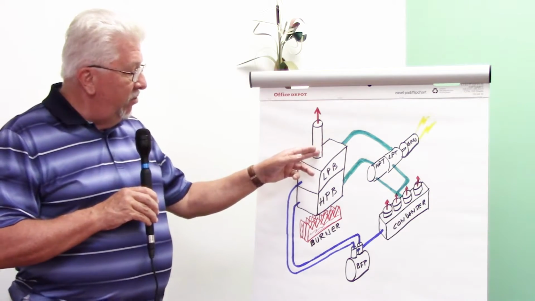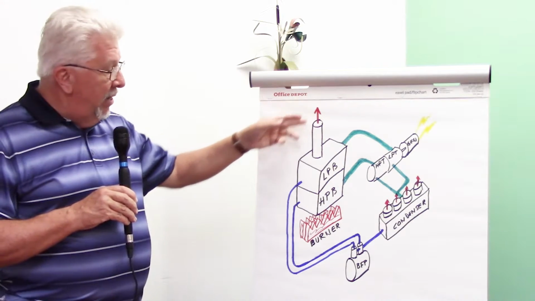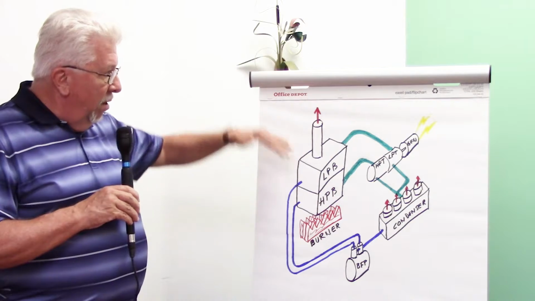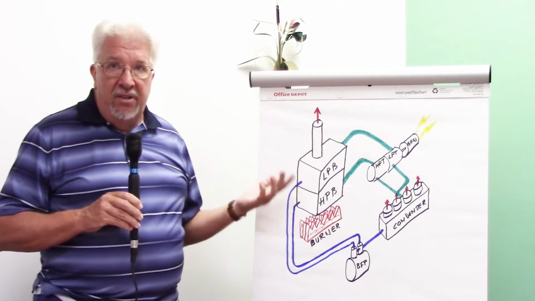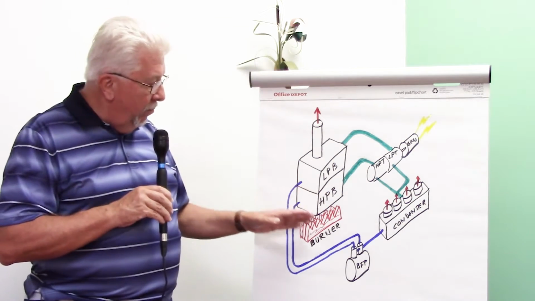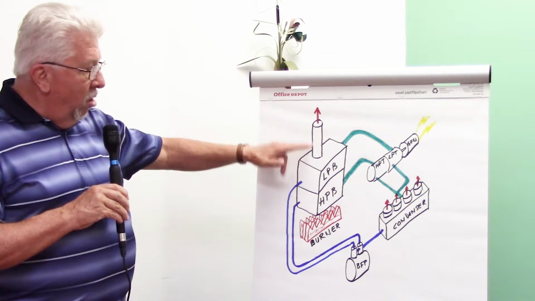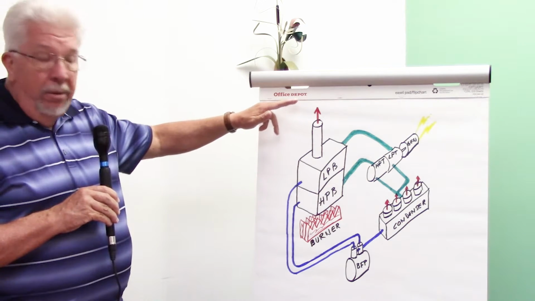Now what that means is in this system, you're losing almost a third of the energy right up the stack. Now, these days, this doesn't go straight up the stack. It goes to scrubbers that pull acid out of it. It goes to various different things that clean it up from an environmental standpoint. But the point that I want to make here is that 1/3 of the energy is lost when the combustion products leave the low pressure turbine.